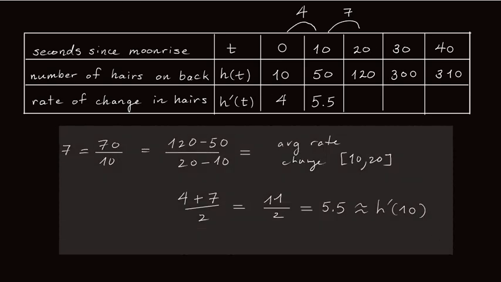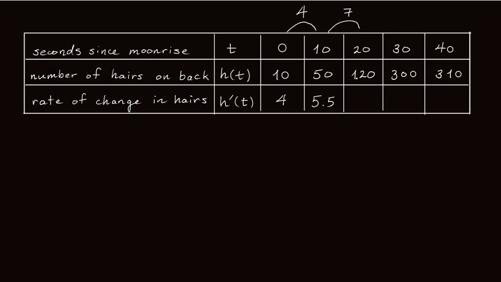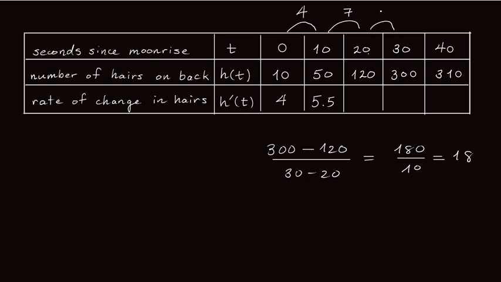So let's do that computation. Between 20 and 30, the average rate of change is 300 minus 120, the difference in the y values, divided by 30 minus 20. So that's going to be the same as 180 divided by 10, which is 18. So the average rate of change over this interval is 18.